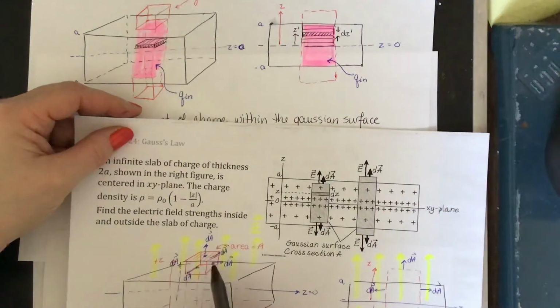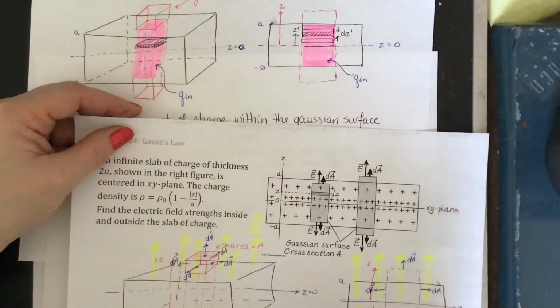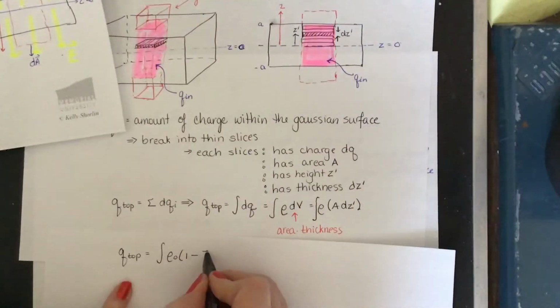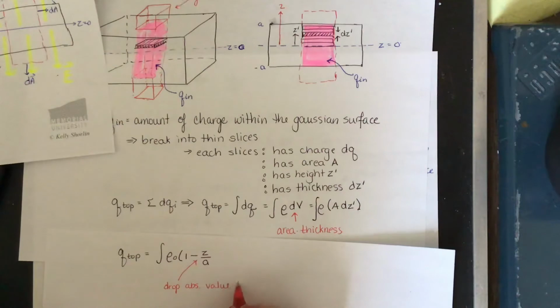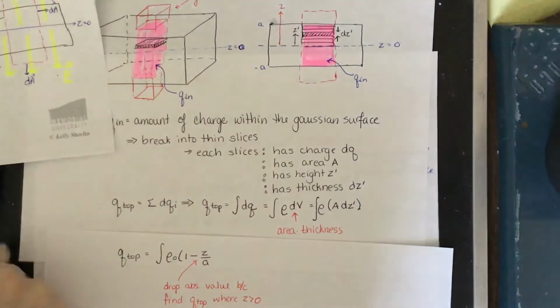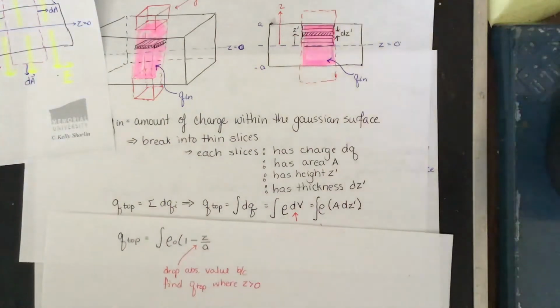If we're only on the top, then z is positive, so right here I drop the absolute values because we're on the top, where z is positive. Okay, so that deals with the density.